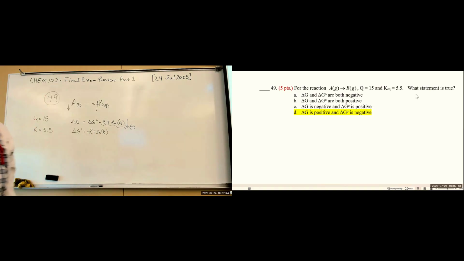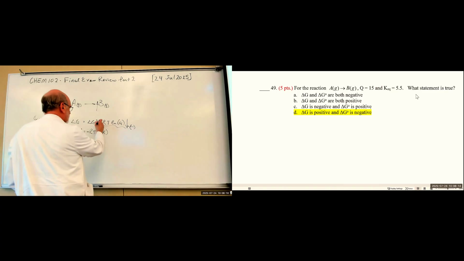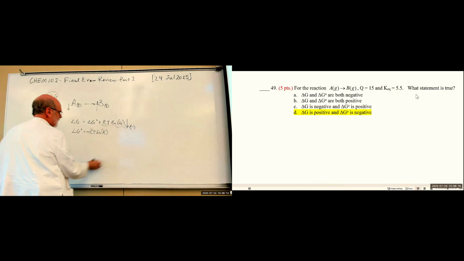Minus RT. And the other one should be, it's probably a plus. Okay, I messed up. Let me look at my formulas, get that straight. Yeah, I messed up. That's a positive.